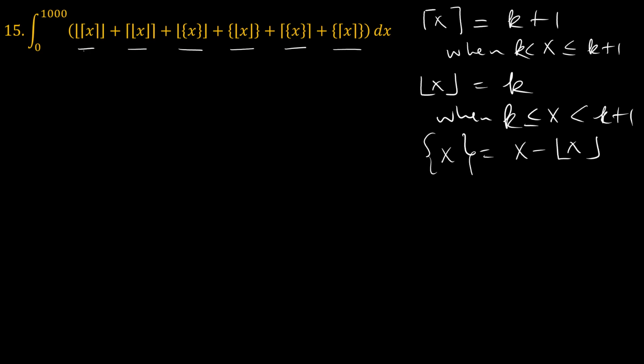Suppose we split this into domains, and we have k starting from 0 and going all the way to, let's say, 999, because we are limited right at 1000.